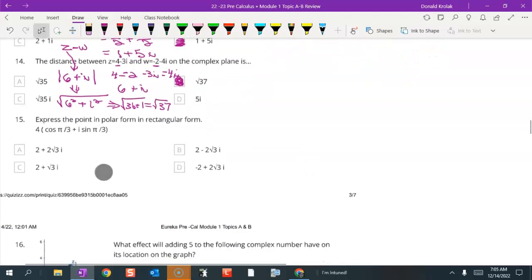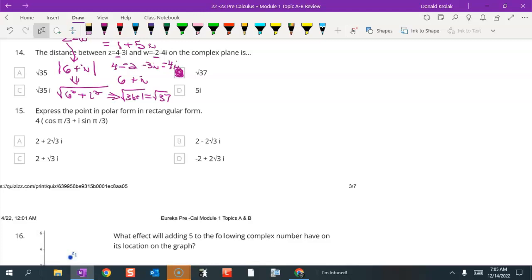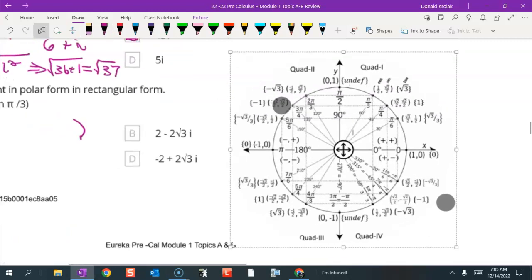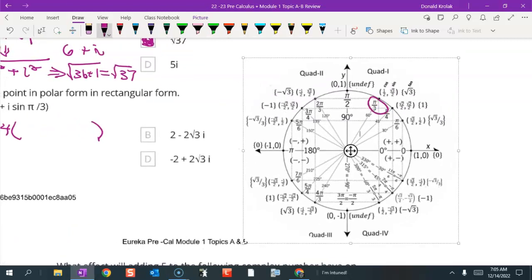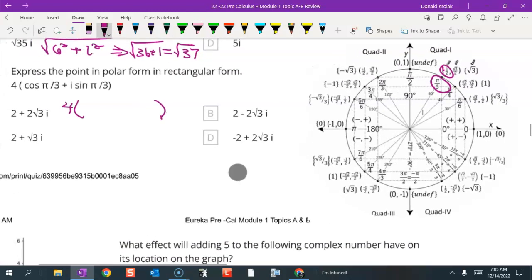Okay, express the point in polar form. All right, so what we got to do is go to your unit circle and get the values of cosine and sine of pi over 3. Okay, so at pi over 3, my cosine is a half. So this gets replaced with a half plus i, and the sine there is root 3 over 2.